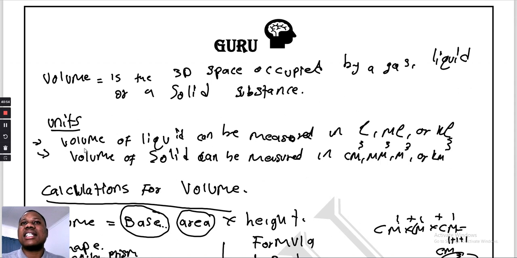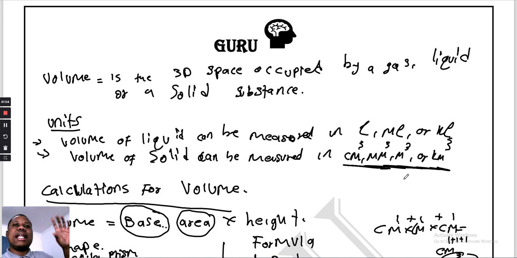Okay, so now let's go and check. That is the volume of a solid. Now you are going to be given the relationship between the volume of a solid and the volume of a liquid. Listen to me, don't make a mistake.